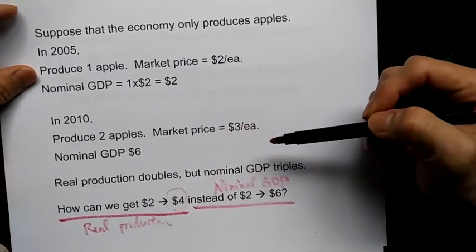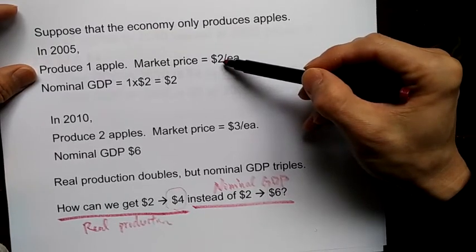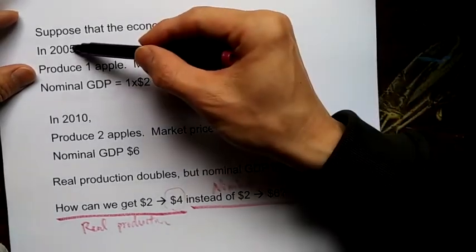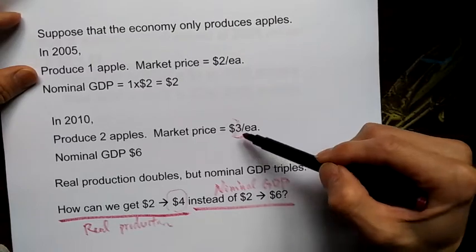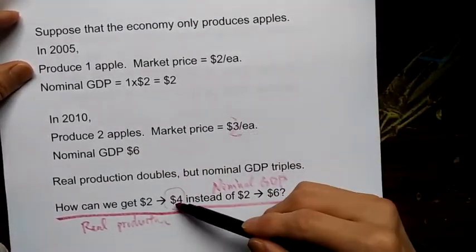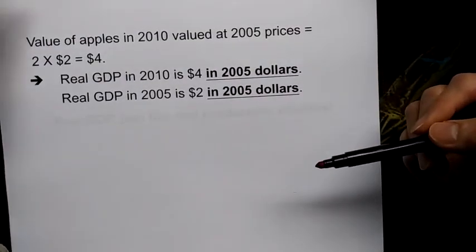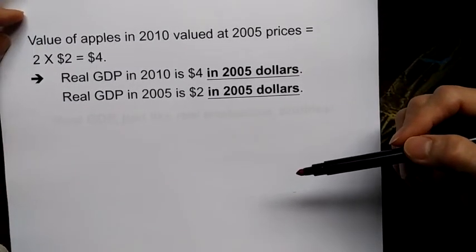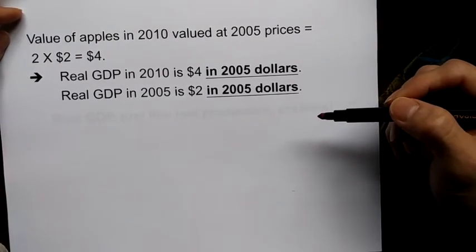The answer is, if you assume that the price of apple doesn't change from 2005 to 2010, that is, if the market price is still $2, then 2 multiplied by 2 will be 4. That's what we want. And that's how we calculate real GDP.